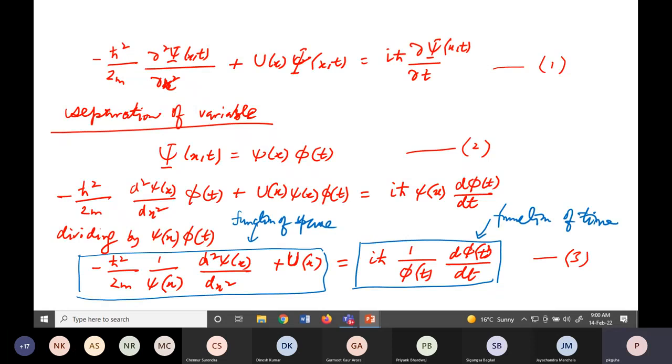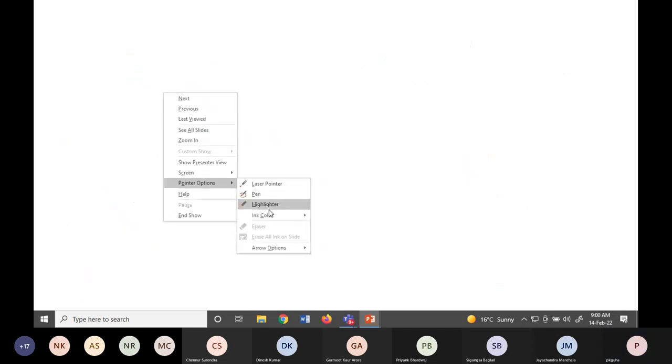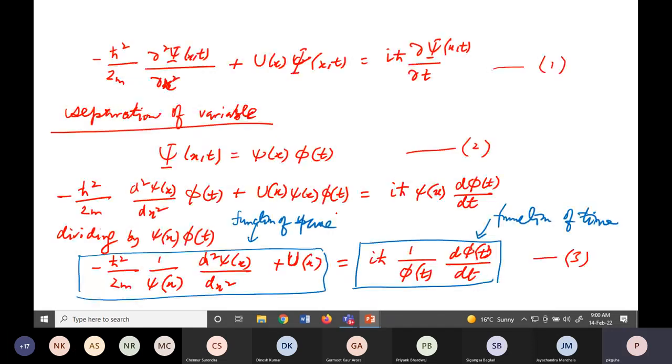Now, because here there is no time term and here there is no space term, this equality condition is true only if both sides are equal to a constant.